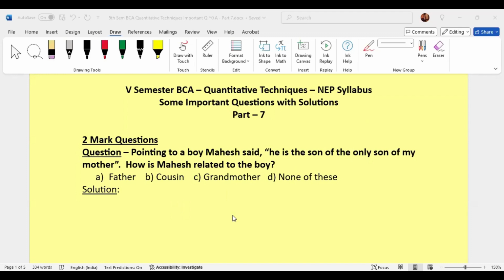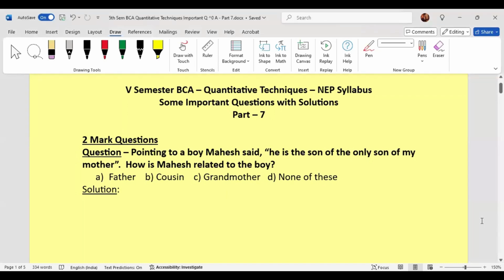This is part 7. First question: pointing to a boy, Mahesh said, he is the son of the only son of my mother. How is Mahesh related to the boy?